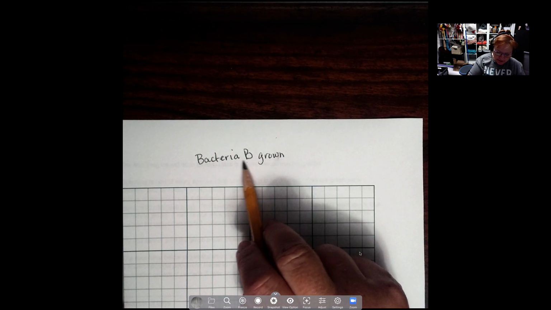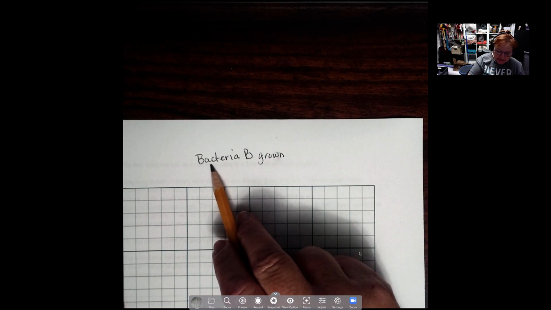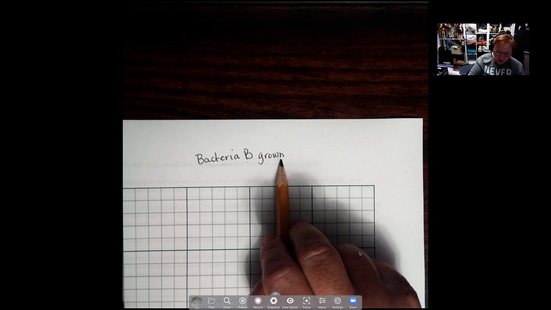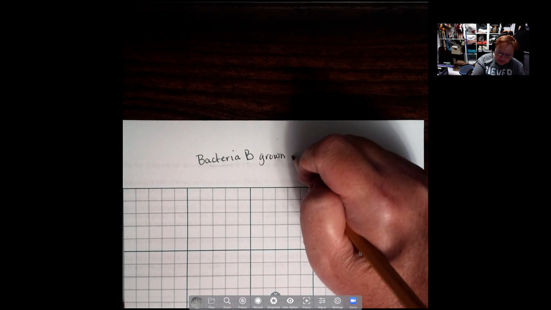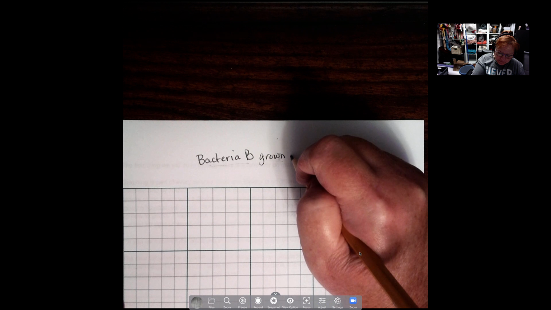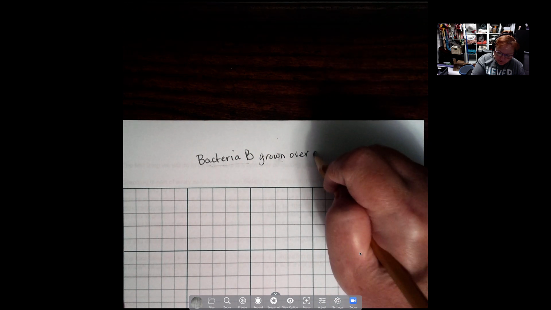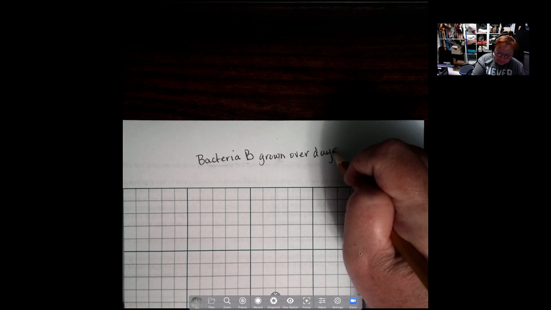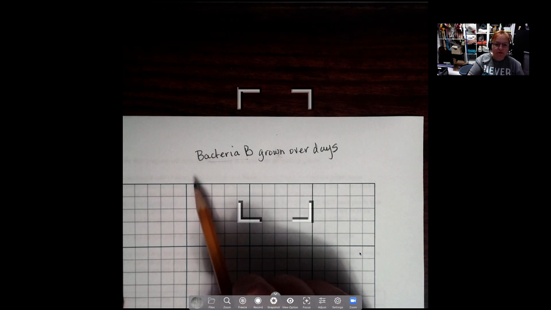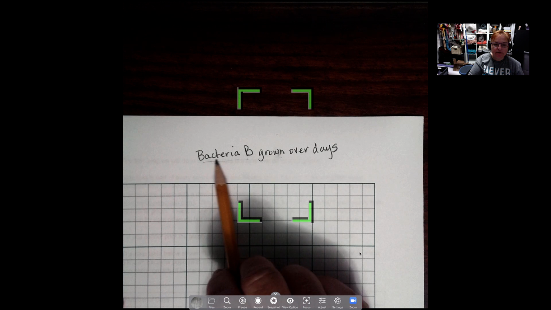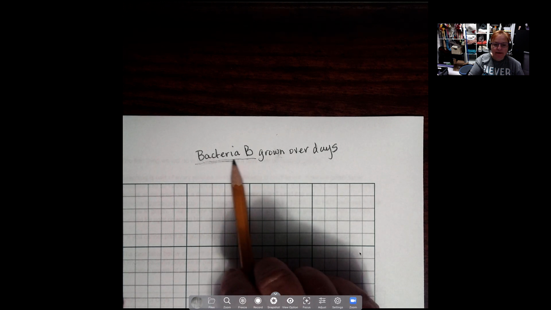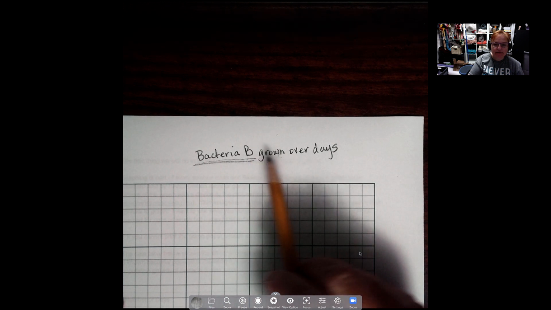So bacteria B, right? This is the dependent variable, grown over days. Okay, so this is our y-axis.